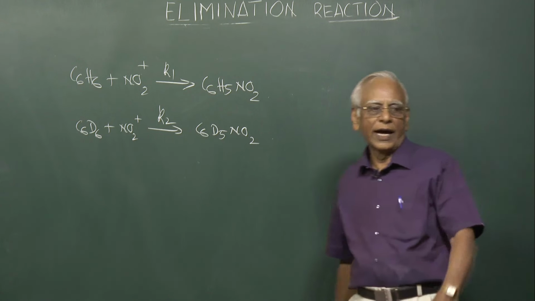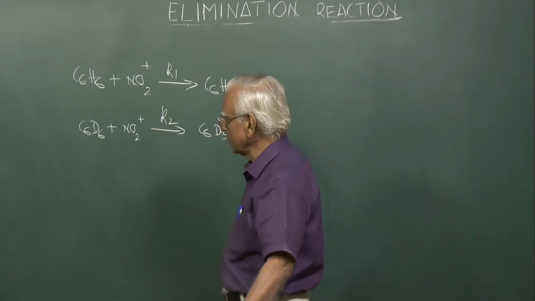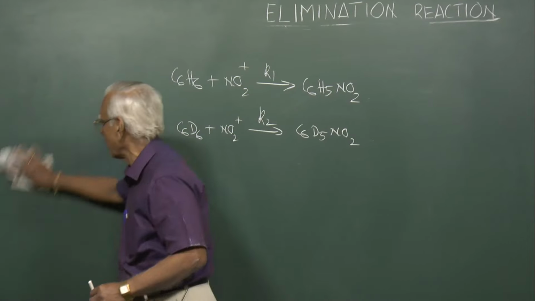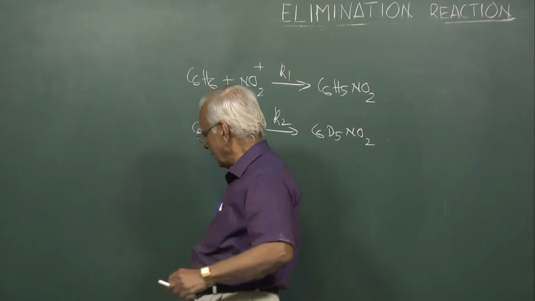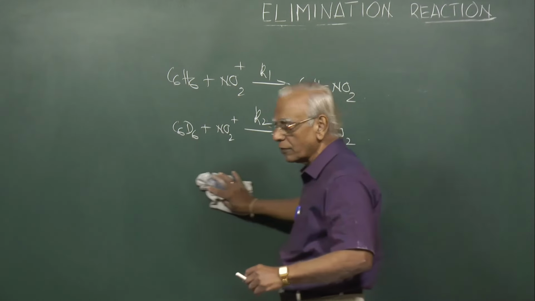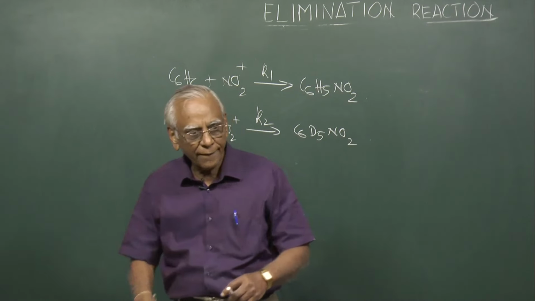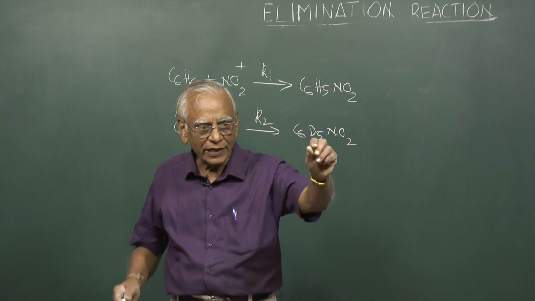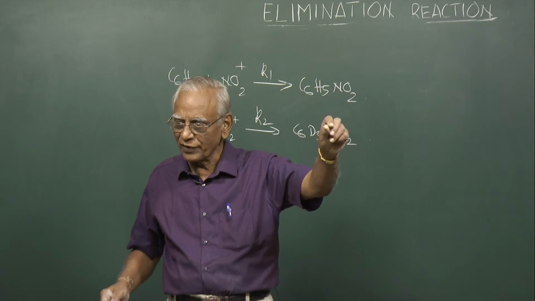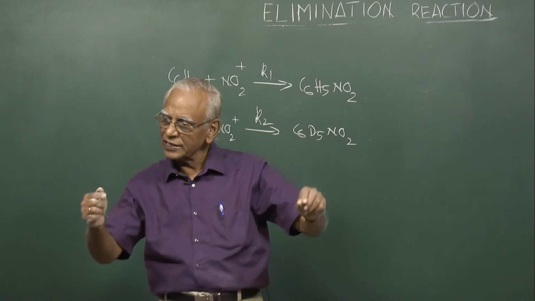So, that hydrogen deuterium isotope effect is the sixth feature here that can be taken as an evidence for the mechanism. If there is a difference, how do you say it's an evidence for the mechanism? Because what do we explain by this? If an E2 reaction experiences hydrogen deuterium isotope effect, it can be taken as an evidence for the E2 mechanism.